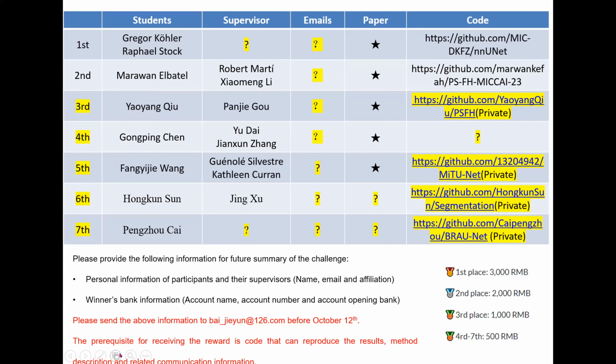Yeah, but the prerequisite for receiving this reward is the code that can reproduce the result, method description, and the related communication information.